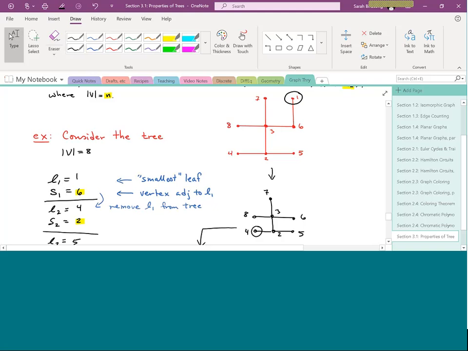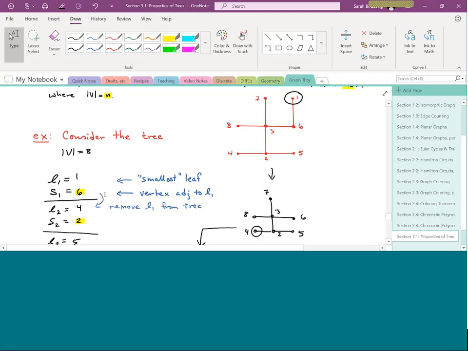Okay. So you look at your tree, you pick the smallest leaf that's currently in the tree, and when we say smallest, that would be in terms of numbers, numerically the smallest. If you used alphabet letters, this would be the one that's first in the alphabet, would be the conversion. So notice you can convert to other types of vertices. Now, the thing that actually goes into the sequence would be the vertex adjacent to that leaf.